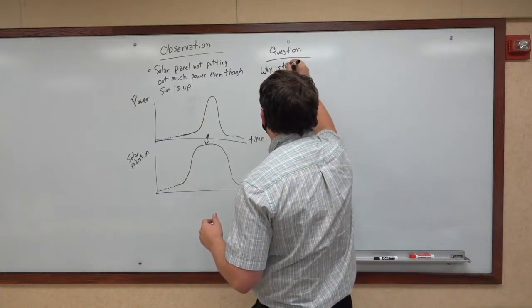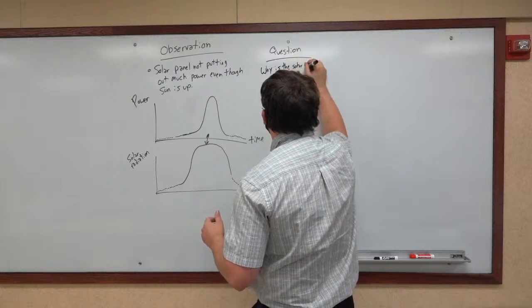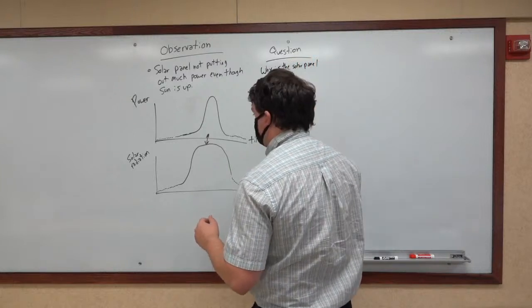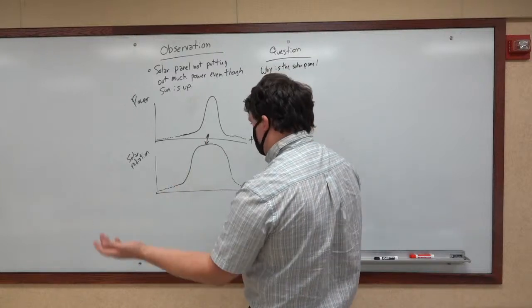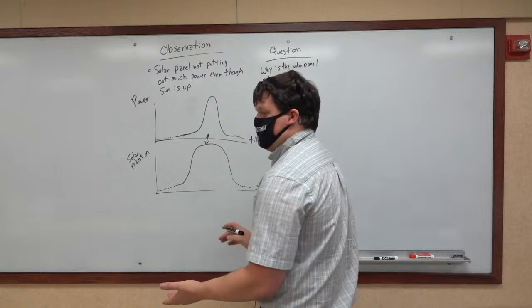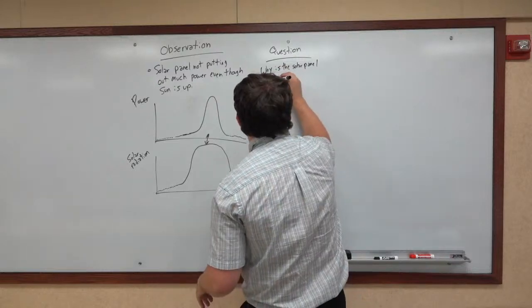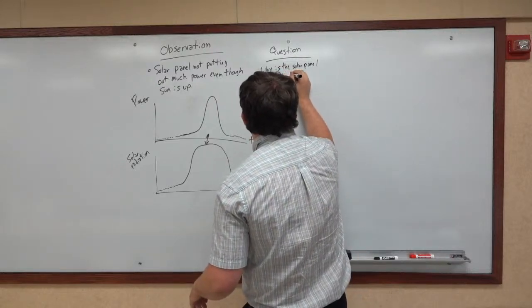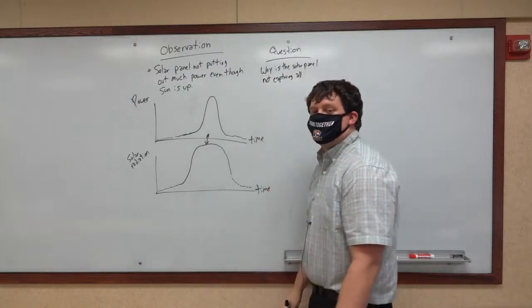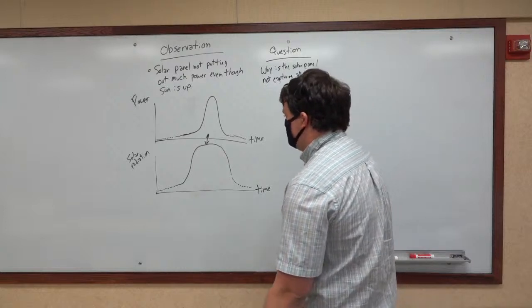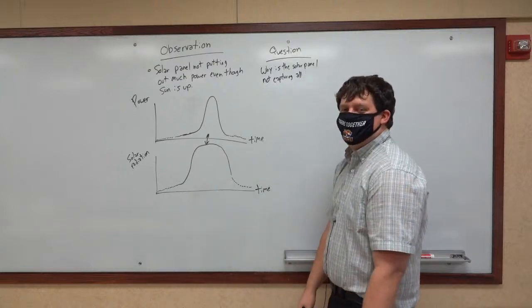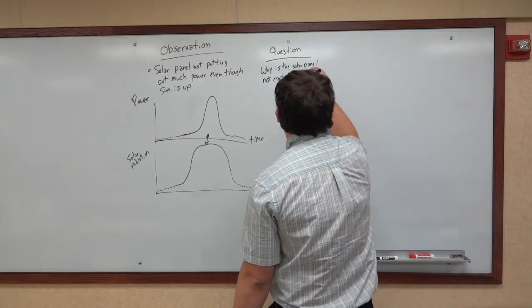Why is the solar panel not capturing all of the available power? Why doesn't that look like that? That's a very scientific question. Why does that not look like that? It works. We all know what I'm talking about.